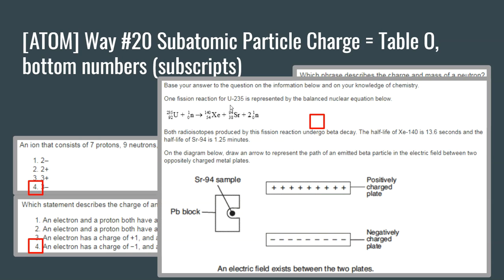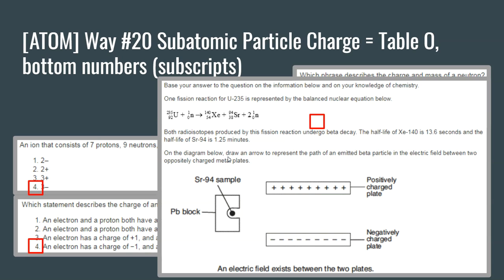One fission reaction for U-235 is represented by the balanced nuclear equation below. Uranium-235 plus 1 neutron gives you xenon-140 plus strontium-94 plus 2 neutrons. Both radioisotopes produced by this fission reaction undergo beta decay. The half-life of xenon-140 is 13.6 seconds, and the half-life of strontium-94 is 1.25 minutes.